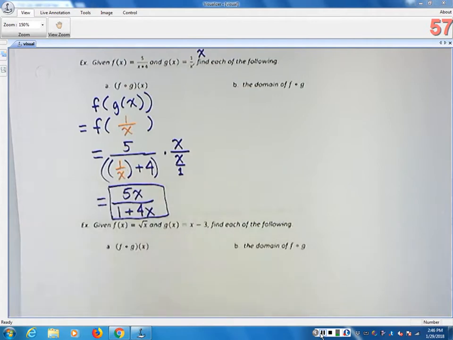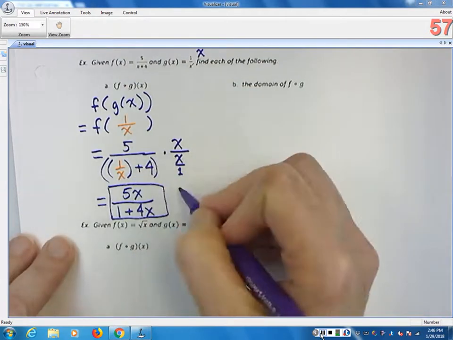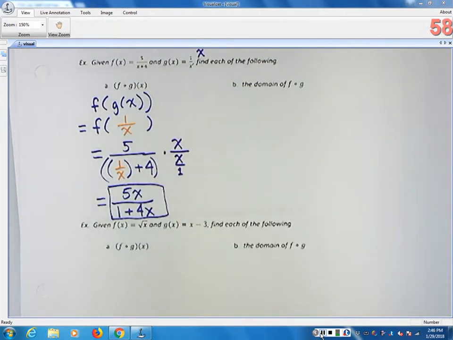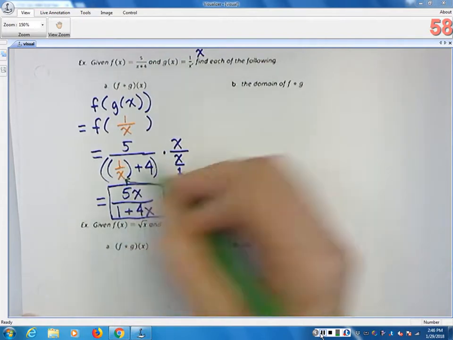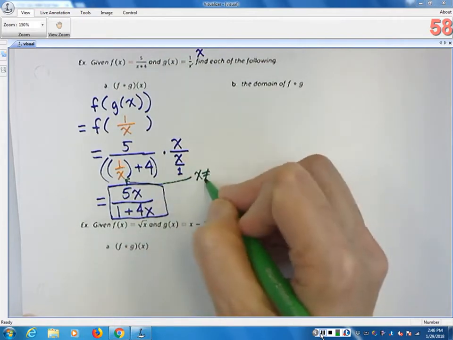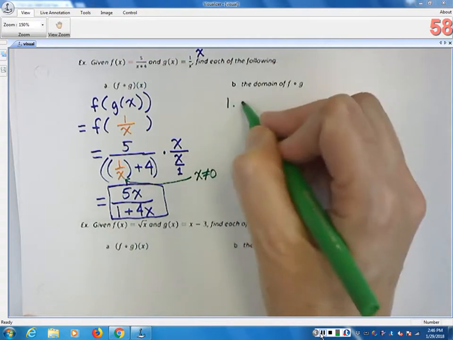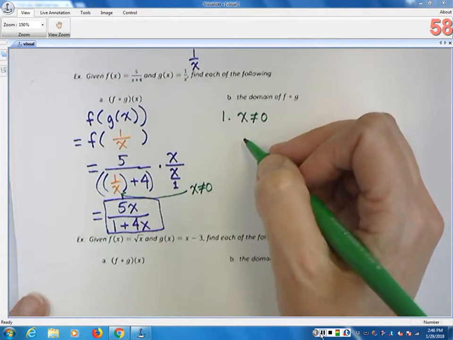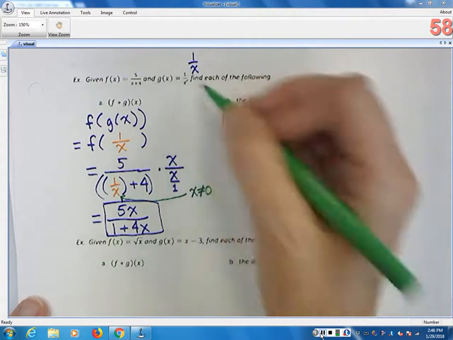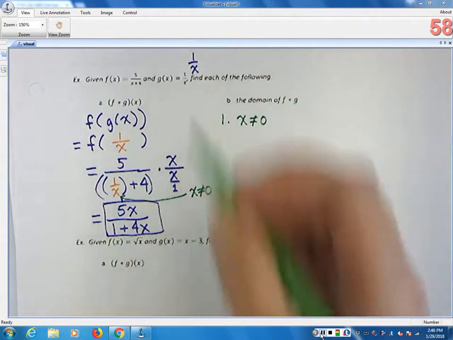So, because of this, let me use green. x can't be 0. And that's really the restriction of g of x, the inner function.